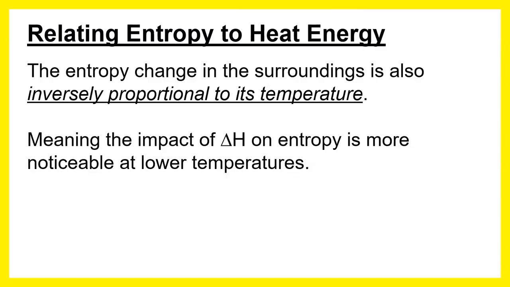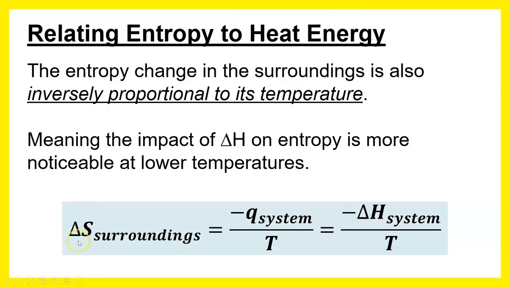So this ends up giving us an equation where the change in entropy of the surroundings is equal to negative Q system over T, directly proportional to Q, inversely proportional to T. And because we're working with problems that are simplified, we're not going to have crazy changes to volume or crazy changes to pressure.